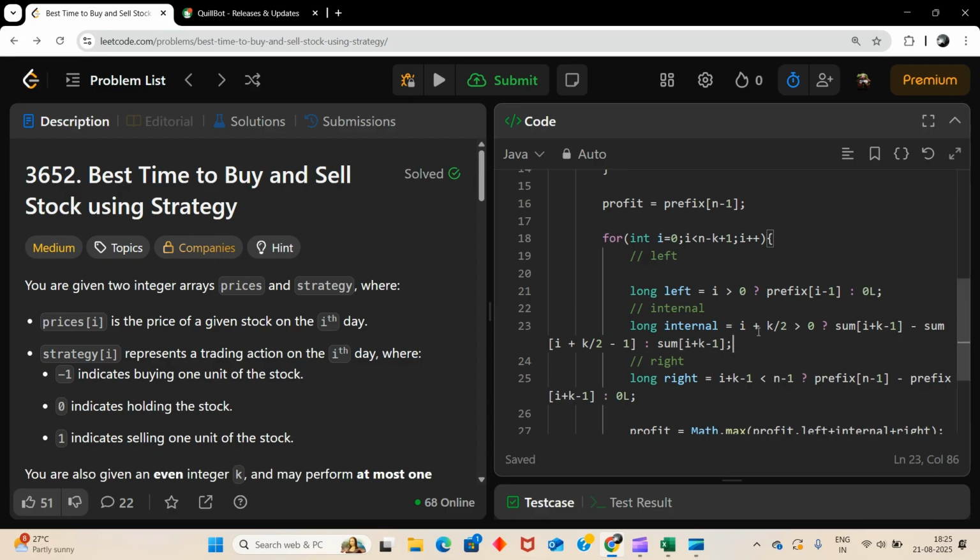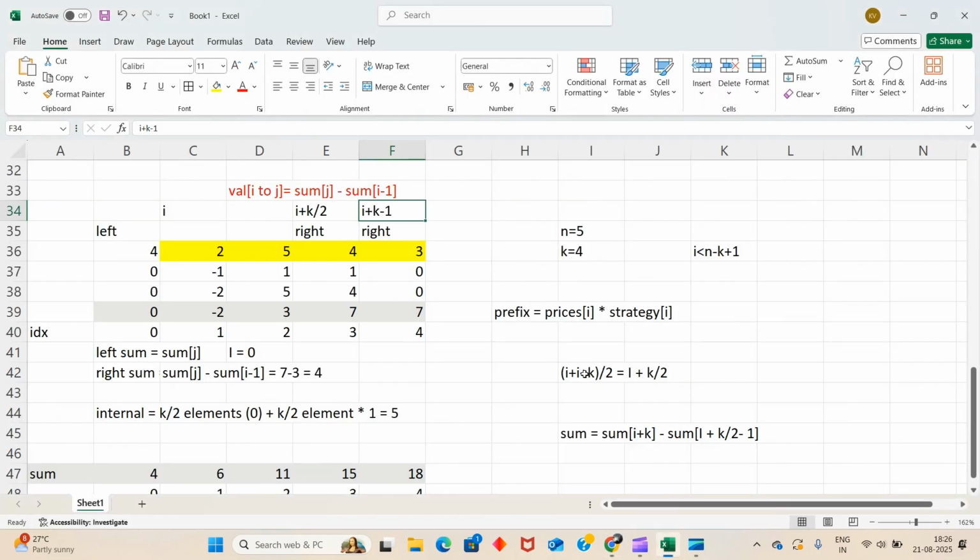Okay. Why this? Because for the interval, what can be the cases is, this is one case, this is one case. Let's say if we consider only two elements, this is one case. In that case, the first formula.